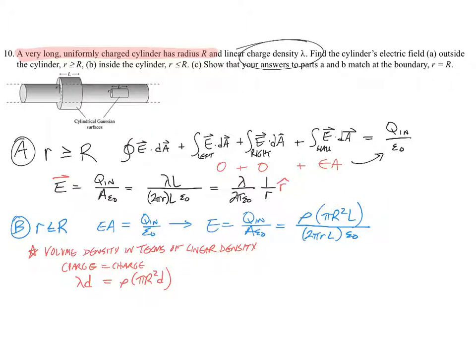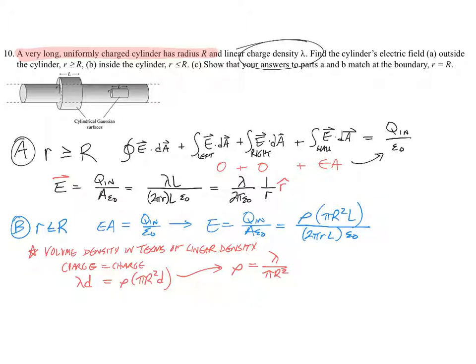So the D converts lambda into charge, pi r squared D converts rho into charge, and charge has to equal charge.